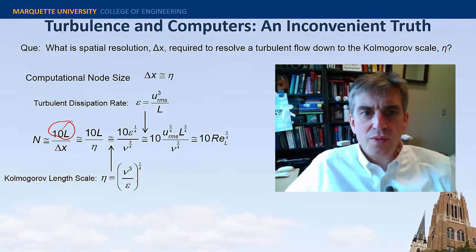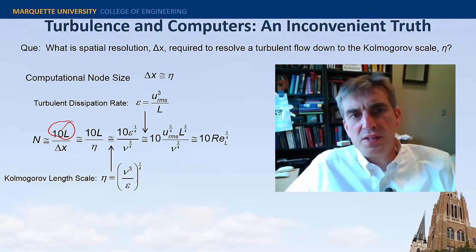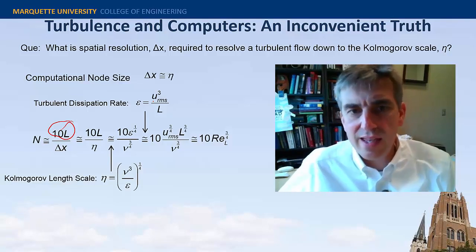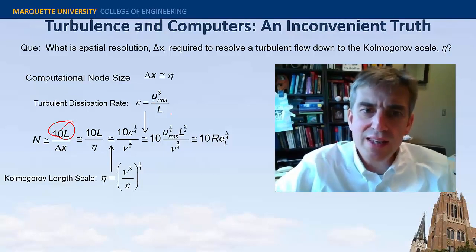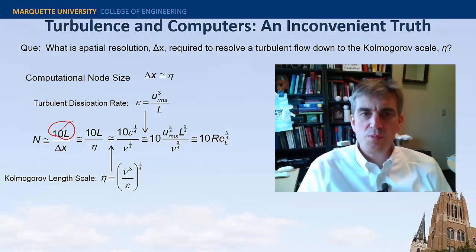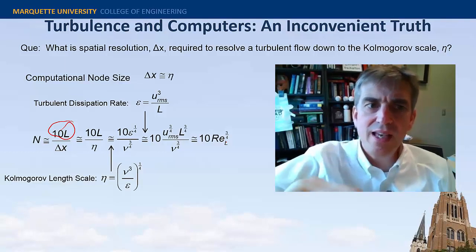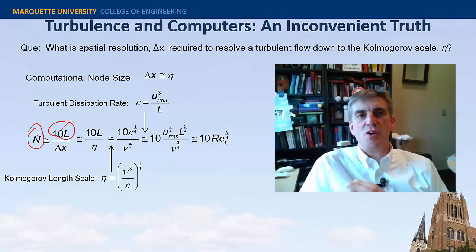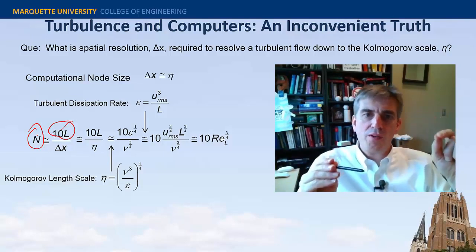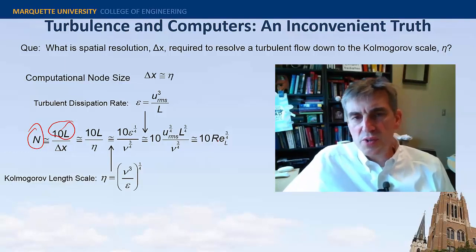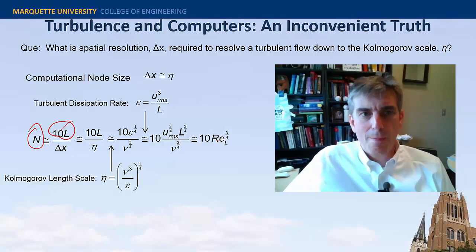And I can also resolve what this turbulent dissipation rate is in terms of some characteristic velocity and the length scale. And when I collect these scales together, I see that it's 10 times the Reynolds number raised to the 3/4 power. So that's pretty cool. It says that the number of nodes that I'm going to need in a simulation to resolve from the largest scale to the Kolmogorov scale scales like Reynolds number to the 3/4 power times 10.